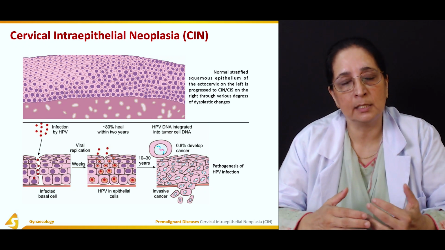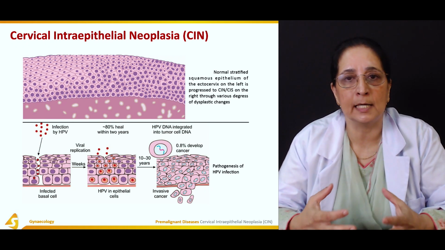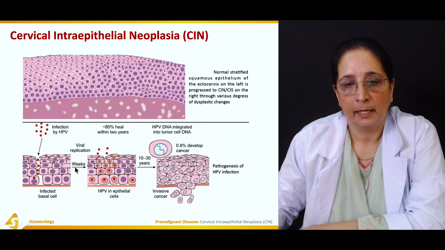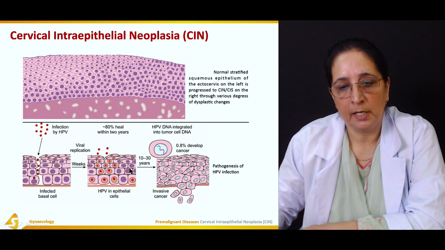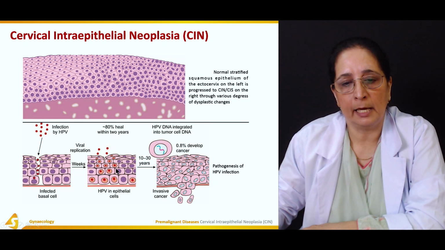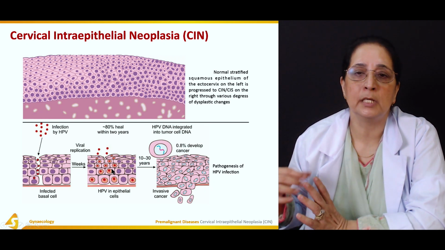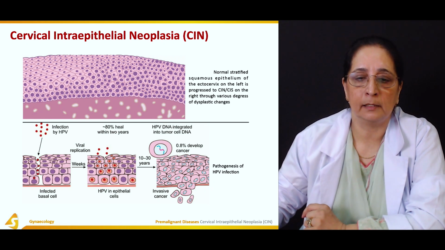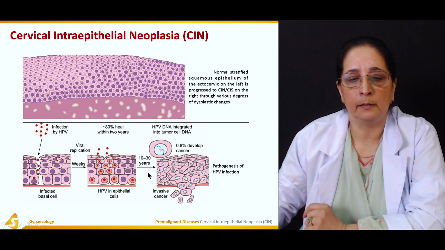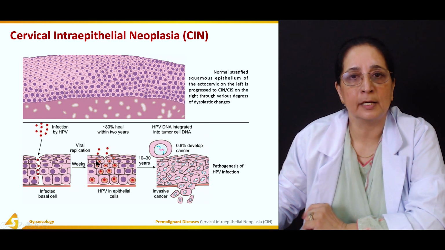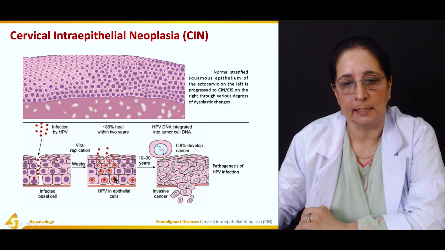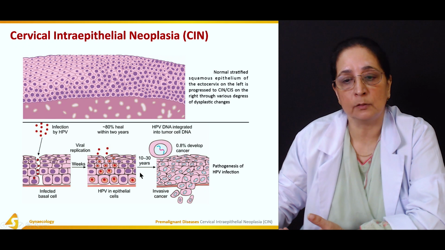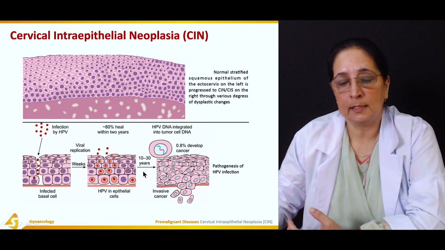After a few weeks, there is replication of virus inside the epithelium. Then HPV goes into the cells and replaces the normal cells. HPV is now present inside the epithelial cell. Now after 10 to 30 years, what's happening?